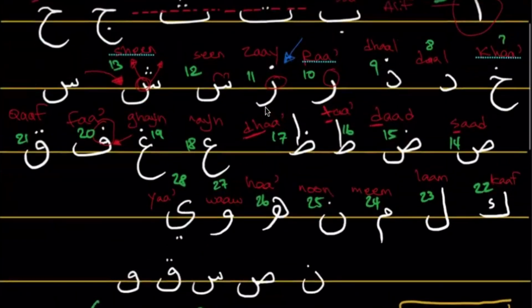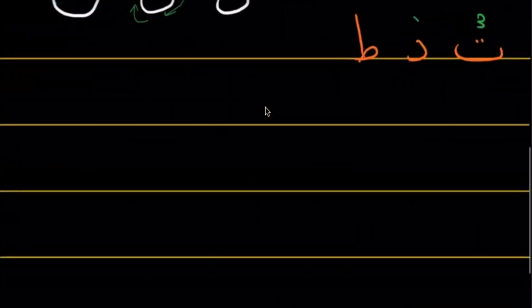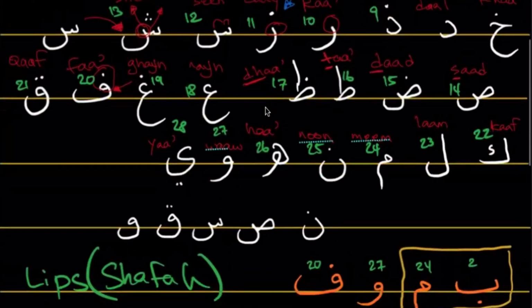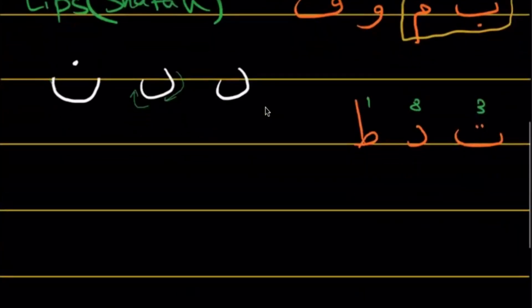Dal is number eight. And Taa is number 16. Ta, Dal, and Taa. Ta is the little sister. Dal is the middle sister. She's harder than Ta. Dal. And Taa, she's the big sister.